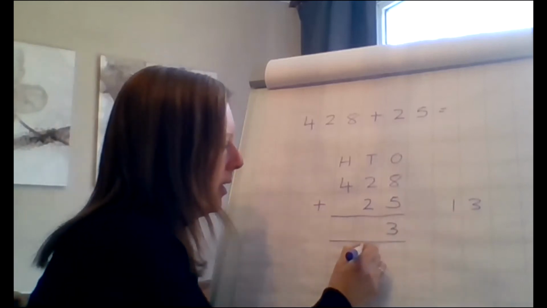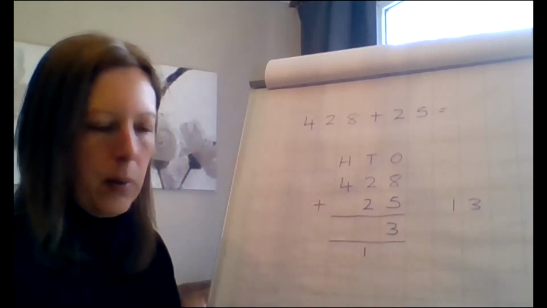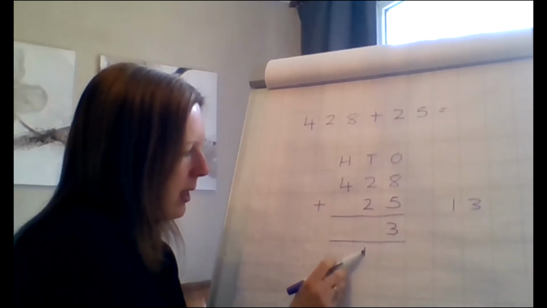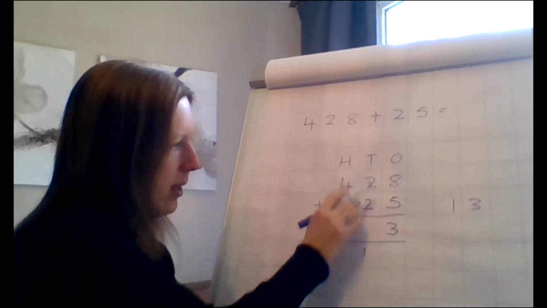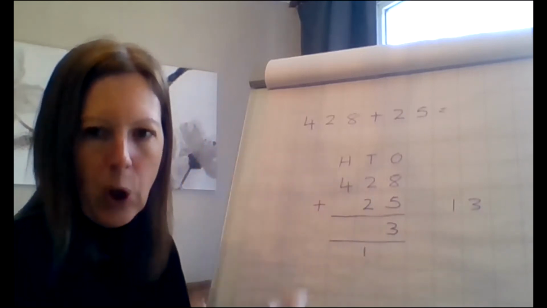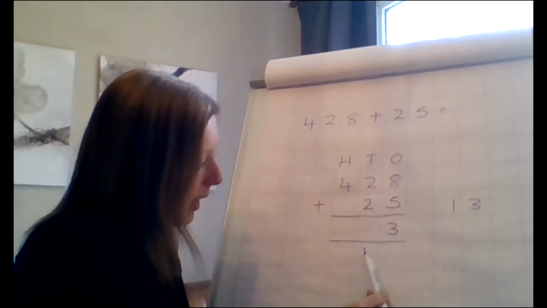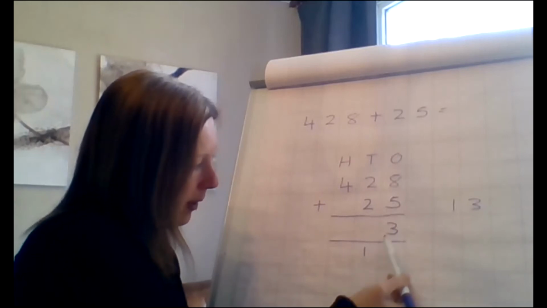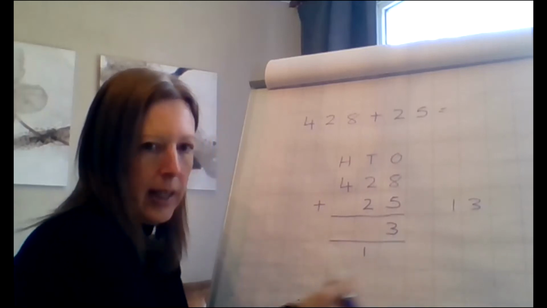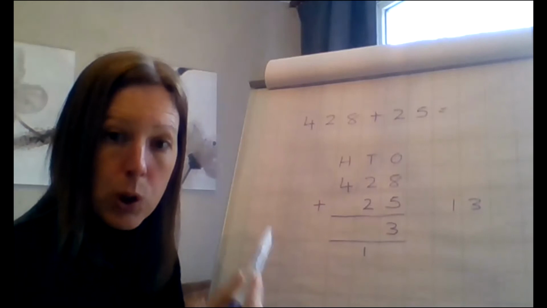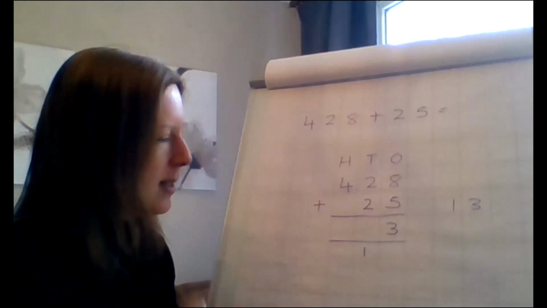So my 1 ten is going to go over here. Okay, and I'll just put it just underneath my equal sign so I can see it, but it's not going to get in the way of my other tens. Okay, but I know I've got to deal with it. And you can remember, if you look, you can actually see the number 13 diagonally written down there. Okay, so you can just check and make sure that it makes sense.